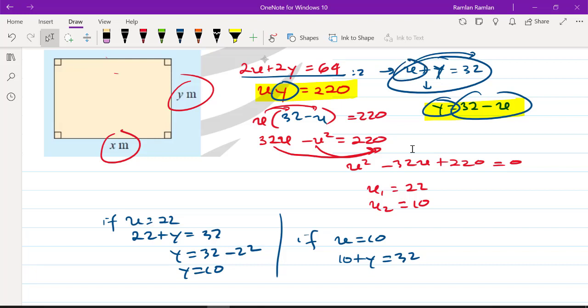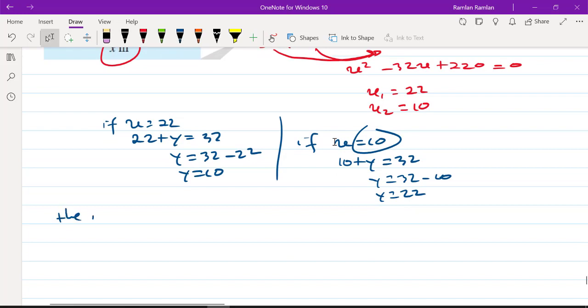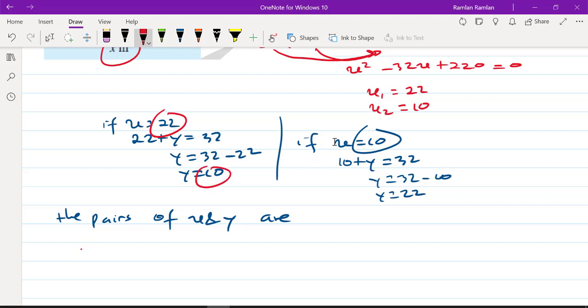I'm just substituting the x by 10, and here I substituted the x by 22. That'll be y equals 32 minus 10, which equals 22. So the pairs of x and y are 22 comma 10, and this one, 10 and 22.